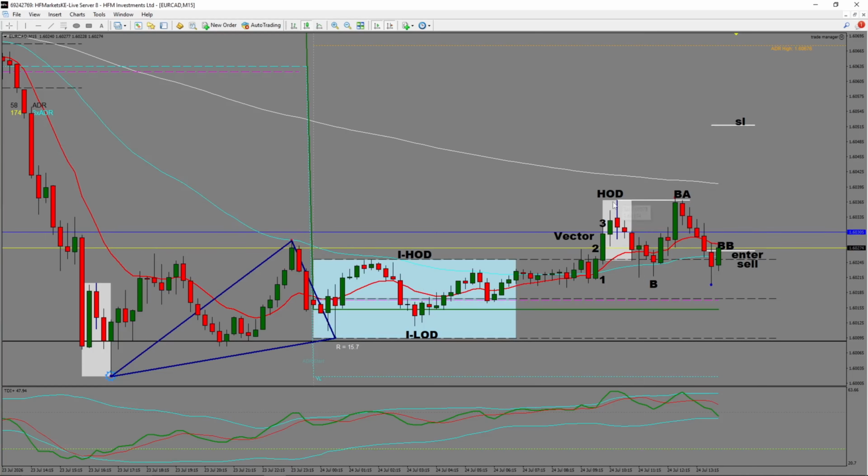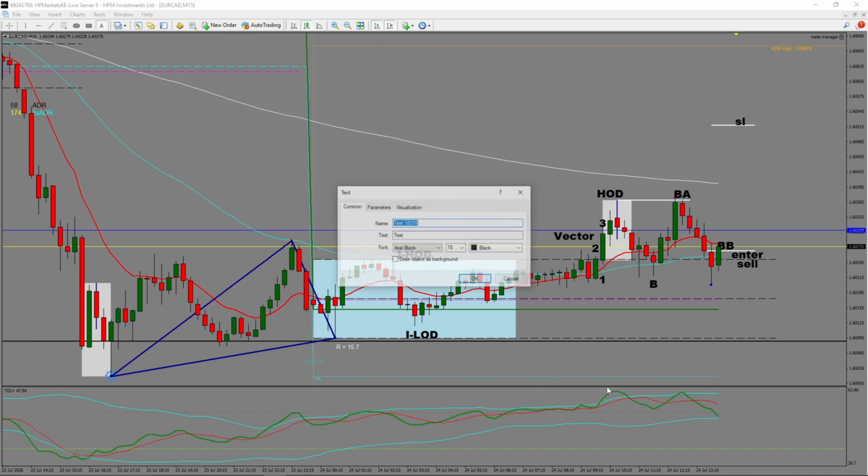But I'll teach you the weekly template so that you'll be able to know exactly which direction to be looking for. So after marking it like this, you might also want to put the shark fin here, but I'll teach TDI later.